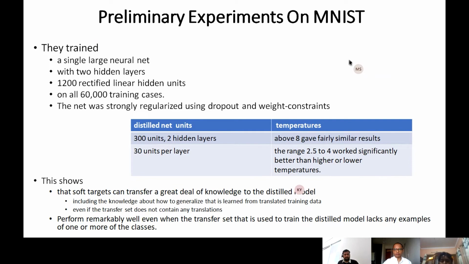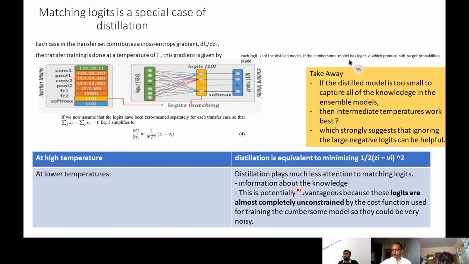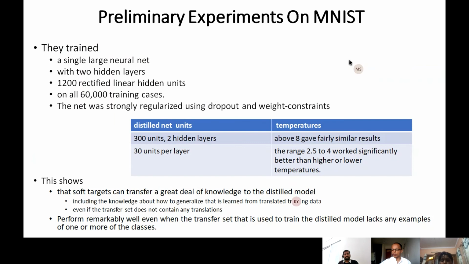It's the same 2 hidden layers, but the temperature setting was 8 here. And temperature settings in the lower or medium range, 2.5 to 4, work significantly better than higher or lower temperature, is what their temperature experimentation showed.